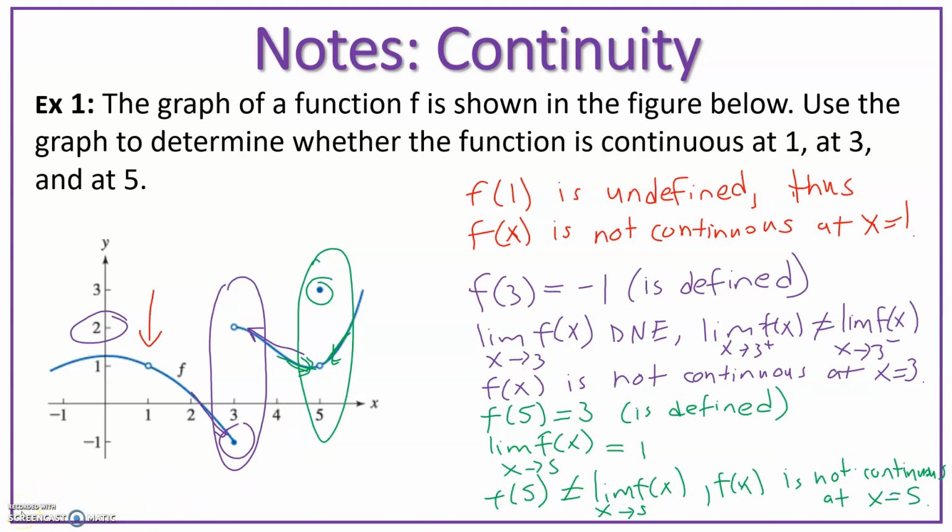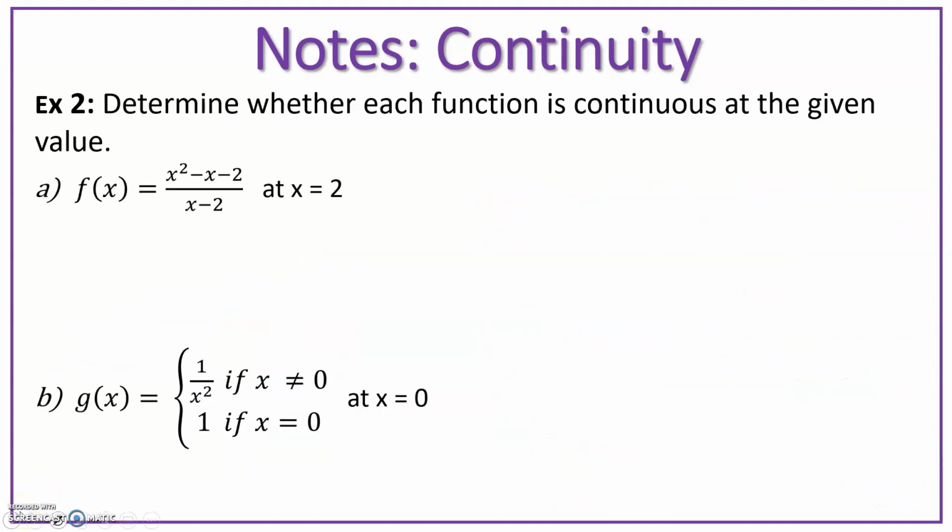All right, let's take a look at example 2. Determine whether each function is continuous at the given value. So remember, we must check three conditions. Is the function defined? Does the limit exist? And is the defined value the same as the limit? Now, immediately, when I look here, I see that 2 is not in the domain.